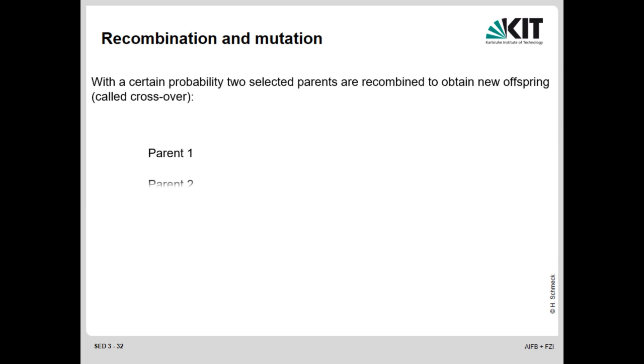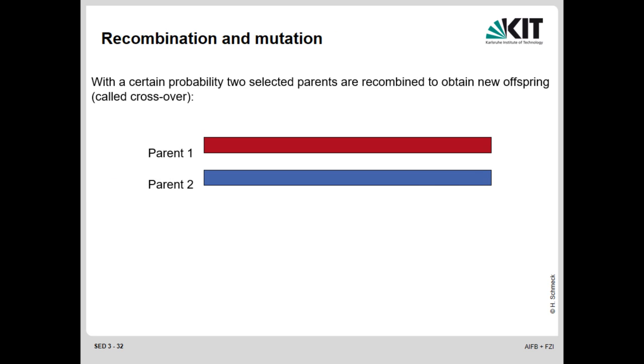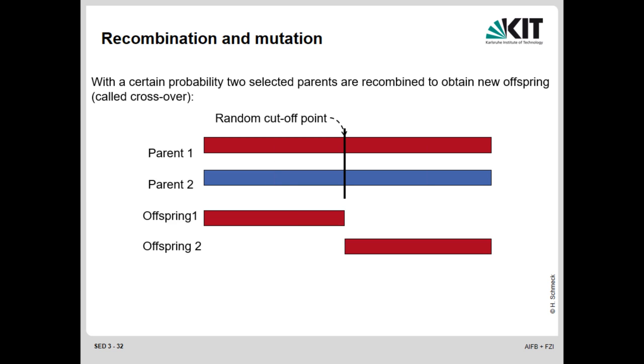So how does recombination work? How does this look like? We have two parents with different genetic information, and then we would like to cross over. What does it mean? We select a cutoff point, a random point in that string, or whatever structure you have. You have that cutoff point, and then you recombine that into offspring 1 and 2. And so you have recombined the information.